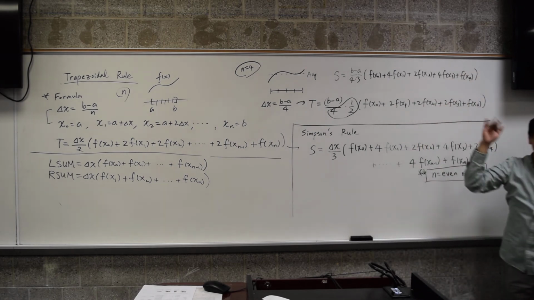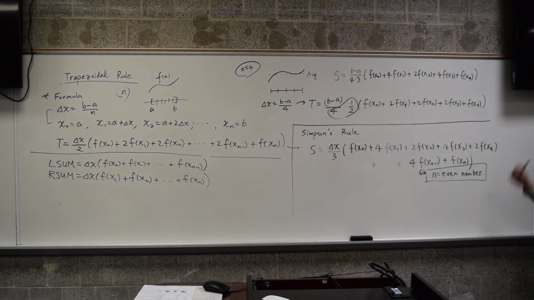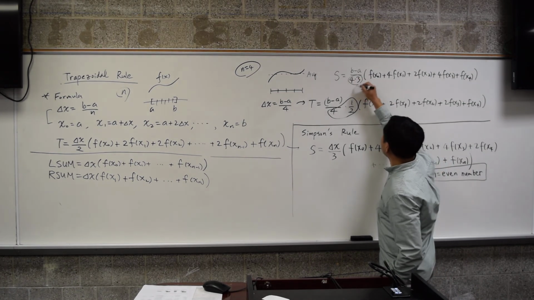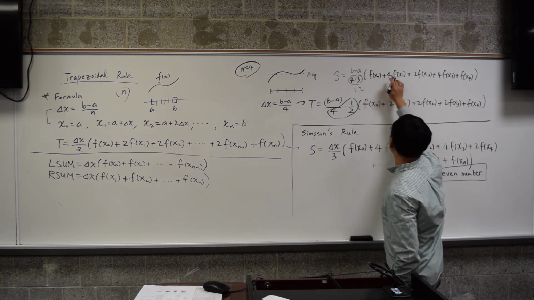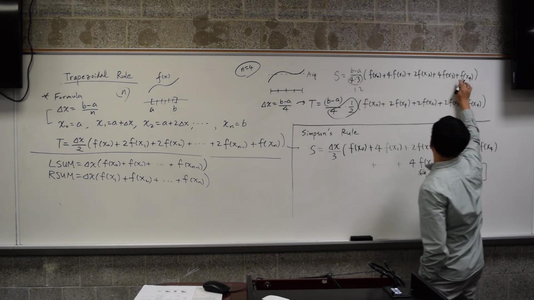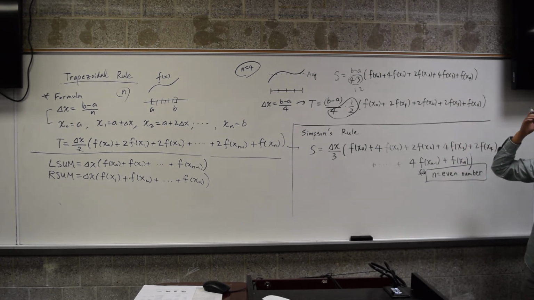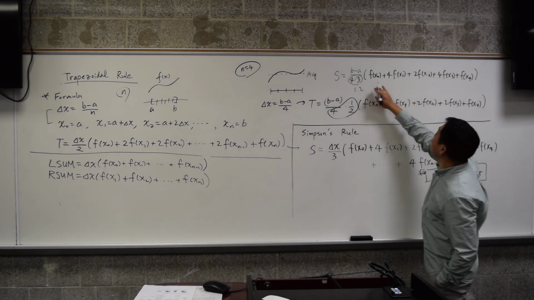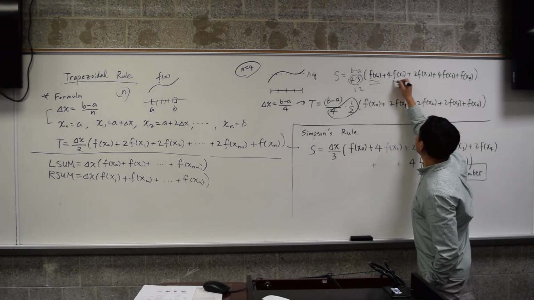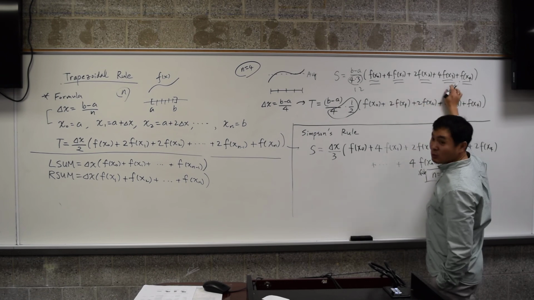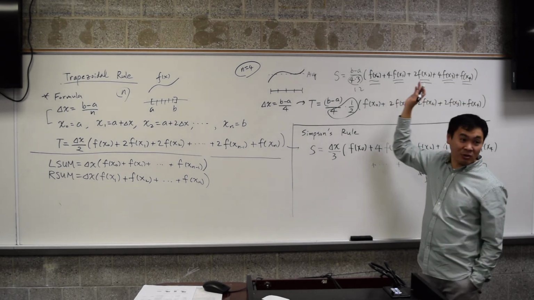As I said, it just repeats 4, 2, 4, 2, right? All right, so again, the same story. 4 times 3 is 12. You have 1 plus 4 plus 2 plus 4 plus 1. How many objects? 12 objects. So this is like the weighted average of these values, where these two are counted more than the other ones.